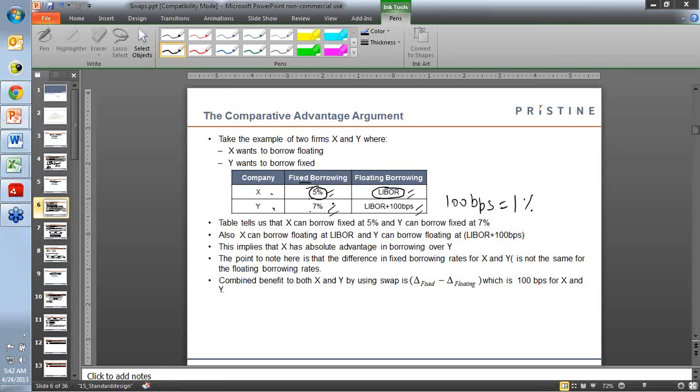If you see the difference in the borrowing cost between X and Y, it is 2% for fixed borrowing, and for floating borrowing it's only 1%.